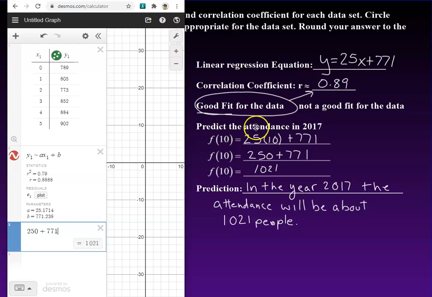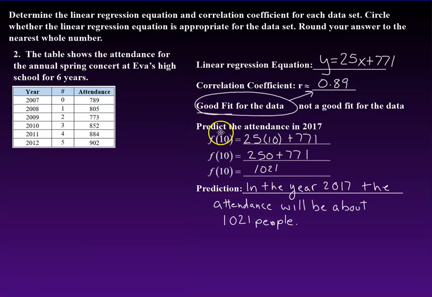And then in 2017, so we have to look at this a little more carefully. I mean, I gave you 10, but I didn't say why it's 10. If we look at 2012, okay, that was number 5. 2013 is 6. 2014 is 7. 2015 is 8. 2016 would be 9.